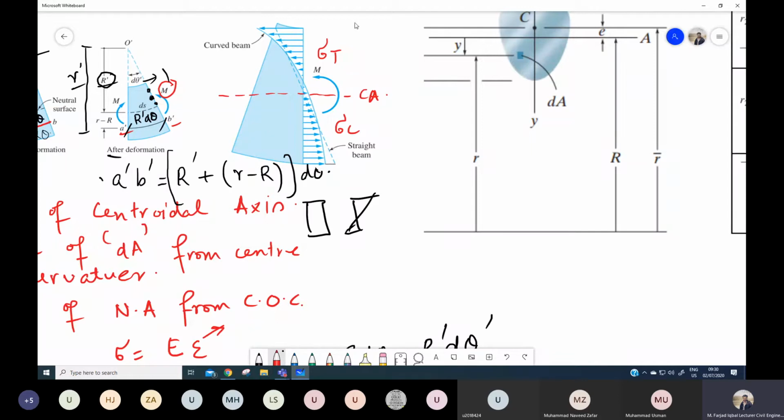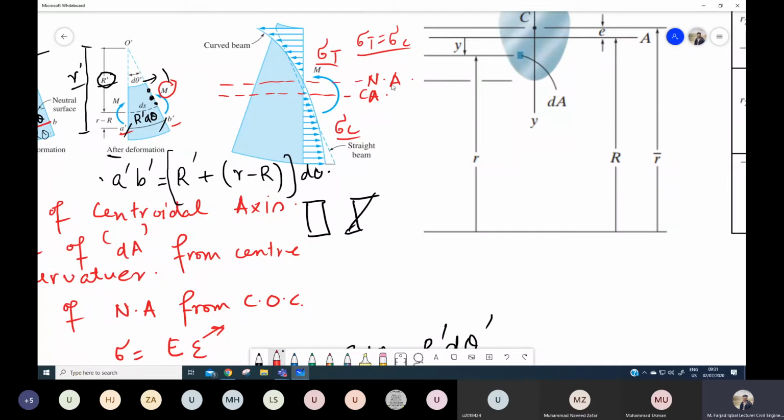So it is not always the case that exactly above the centroidal axis there will be the stress sigma t, and below it there is the stress sigma c. So it is not always the case that sigma t is sigma c directly above and below the centroidal axis. So for the neutral axis, we know that the stresses should be equal above and below the neutral axis.